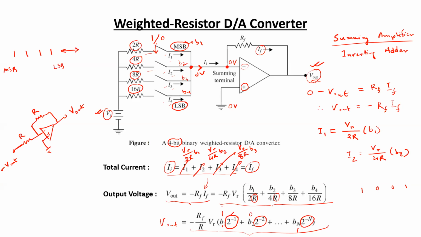But maybe there could be slight variations in the variable resistor as well while varying the value. So maybe it is desired to have steady resistances, because if variable resistances are used, maybe you are not varying them intentionally, but for some reason they might get varied even if you don't notice. So maybe that could be one of the disadvantages.